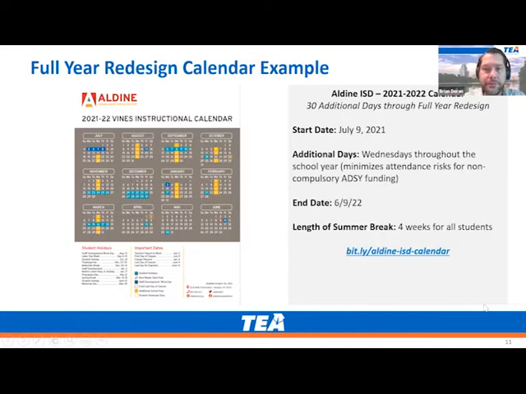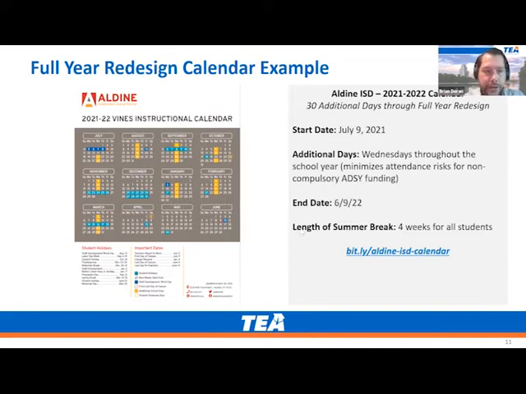This is really to minimize attendance risks, which we can cover here in a second when I talk through ADSY funding and implications of ADSY funding. Their end date then is June 9th, 22. And their overall length of summer is going to be around 4 weeks for students. So really minimizing the length of summer again to minimize impact of summer slide.